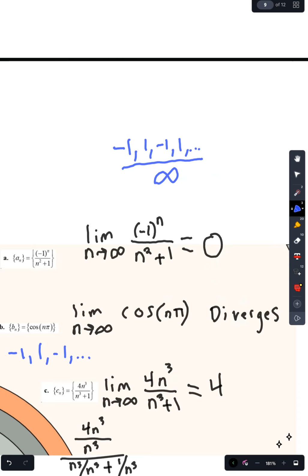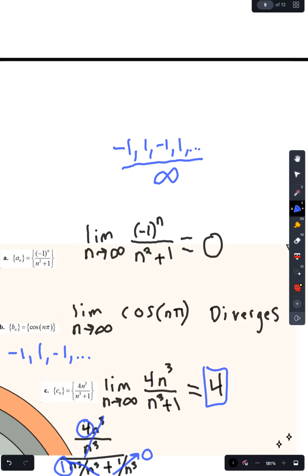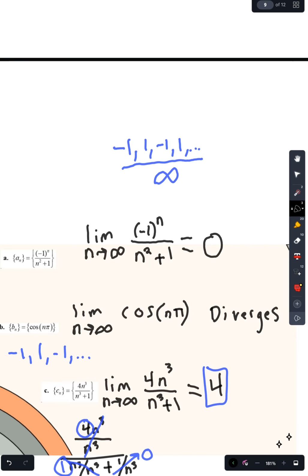So these would go away and be 1, and this would be 4. I have a 1, and then again, because I'm looking at the limit as n goes to infinity, this is going to go towards 0. So I end up with 4 divided by 1, which is why we just get 4. So sometimes we will have a more algebraic limit that we can deal with.